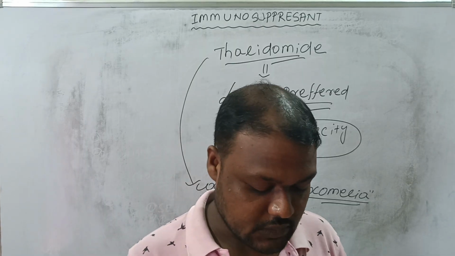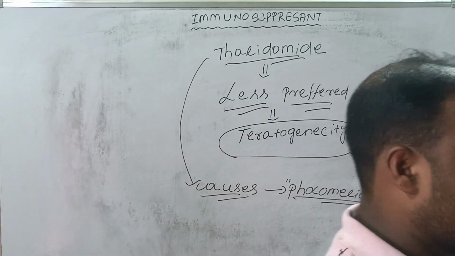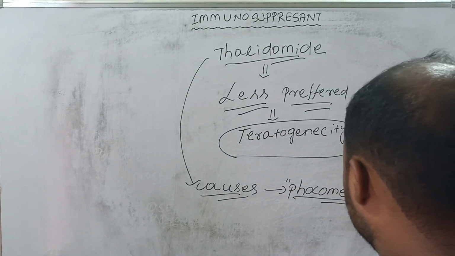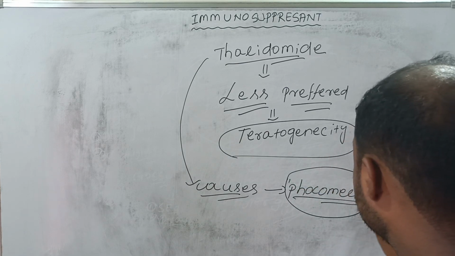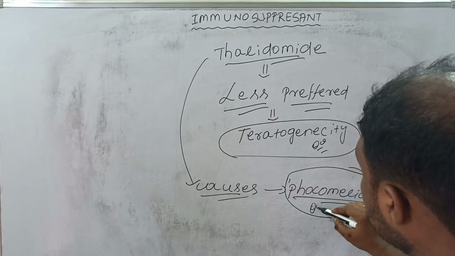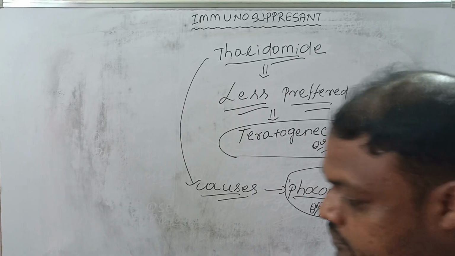Teratogenicity. And the second question: thalidomide causes what? Phocomelia. That is question number 1 and question number 2.